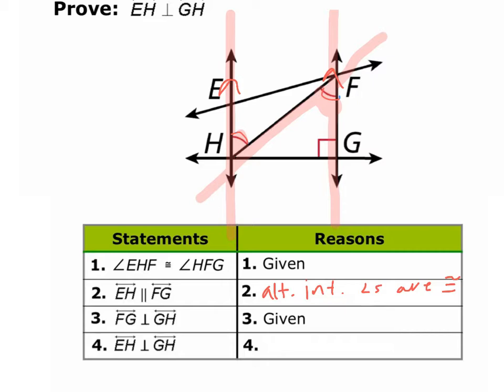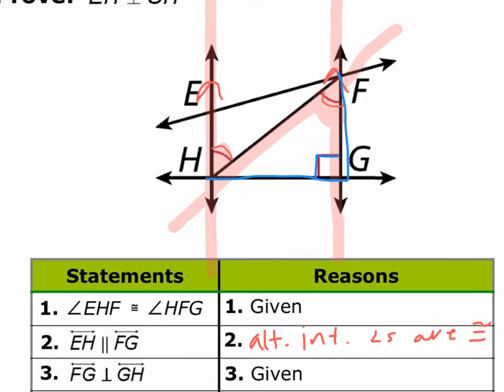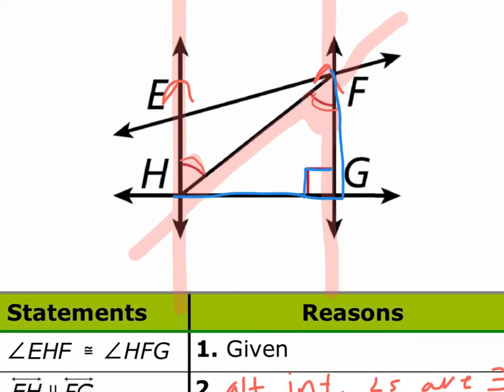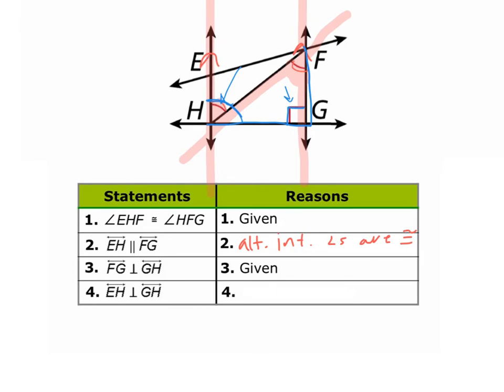Next we have line FG is perpendicular to GH. So these two lines are perpendicular. They gave us the little box. So if we know that this is perpendicular and these two lines are parallel, then what do we know about this angle here, this whole angle here? What would be the measure of it? 90. So this would be perpendicular too.